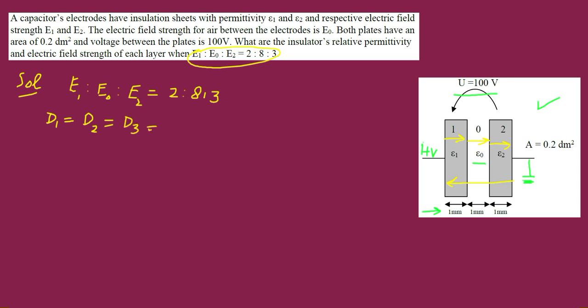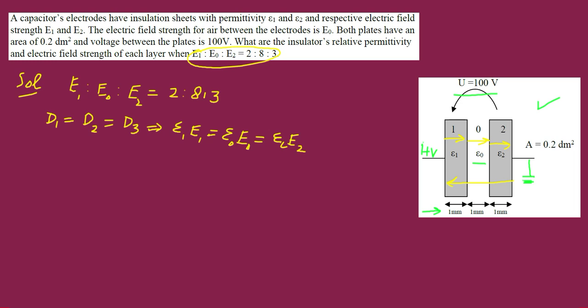Further, we can say that D1 is equal to epsilon 1 E1, and this is equal to epsilon naught E naught, since the second layer is air, and this is equal to epsilon 2 E2.